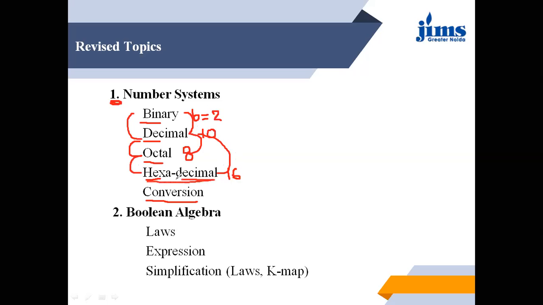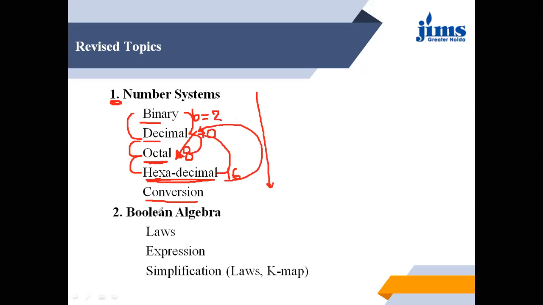For example, if I want to convert a hexadecimal to an octal, then I told you that first we will convert this number into decimal, and then we have to convert this decimal number to octal. There are some other direct methods also, but we did not discuss them here. So in the number system, we discuss all these components.